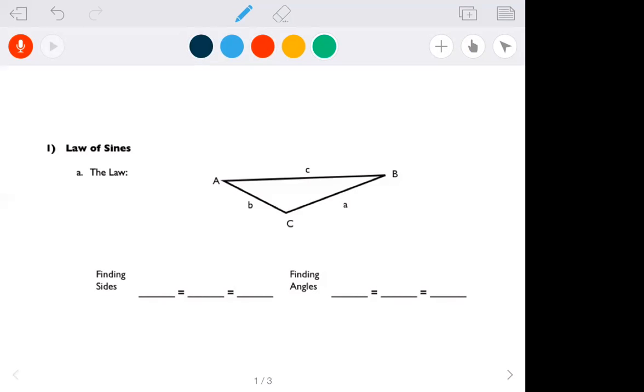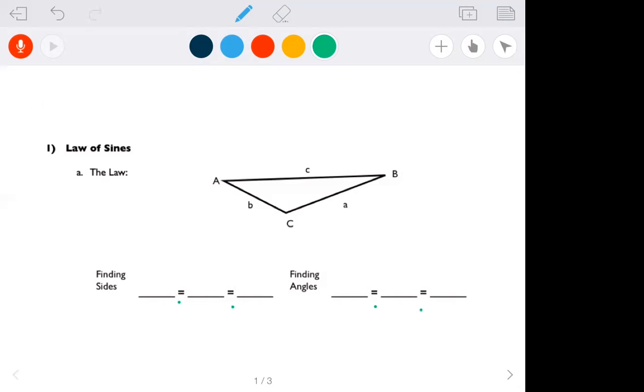But anyway, the law of sines, we can use it in two ways. The law of sines is basically stating that if I really wanted to try to find a side length here, there's this equality, which is why I have equal signs here and here.